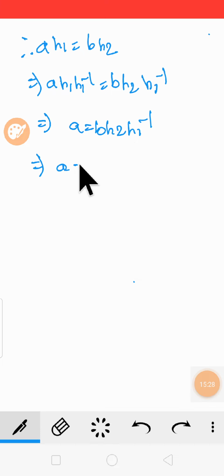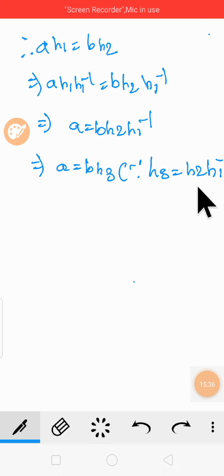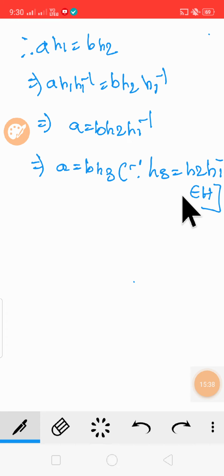So a equals b h3, since h3 equals h2 h1 inverse belongs to H. Here a belongs to bH.